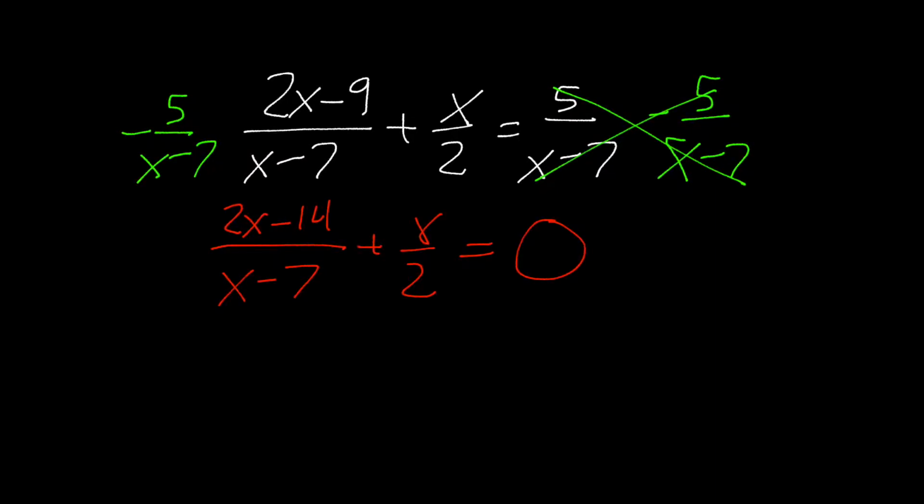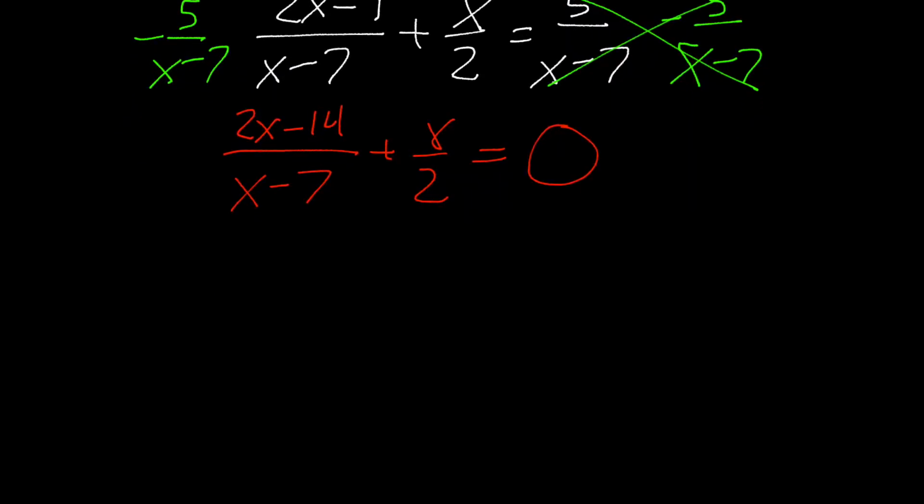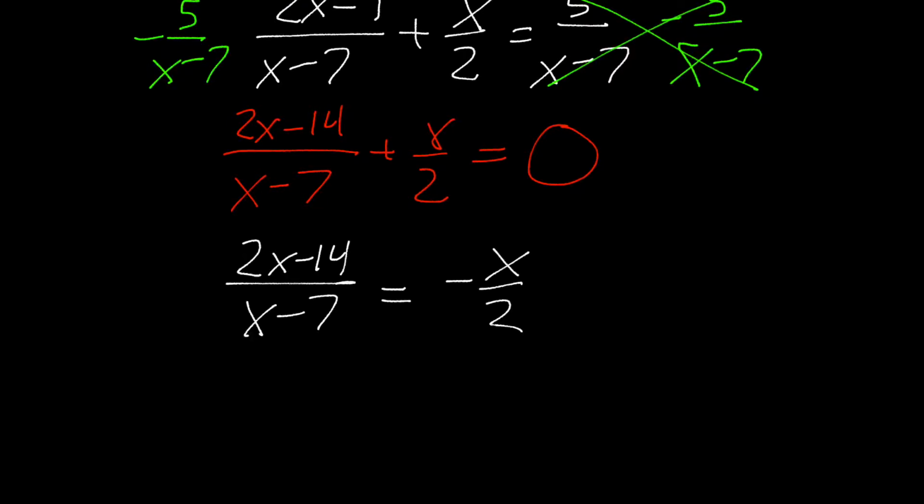All right. Well, I don't want it to be equal to 0, so I'm going to move the x over 2 over to that side. So I can have 2x minus 14 over x minus 7 equals negative x over 2.